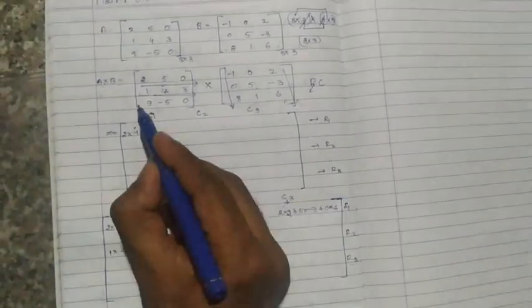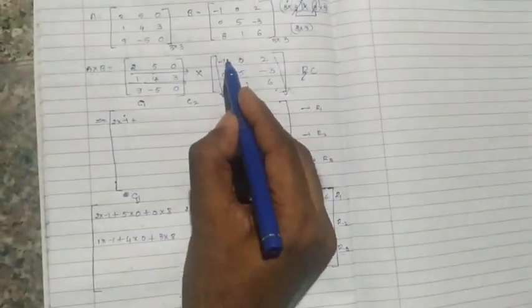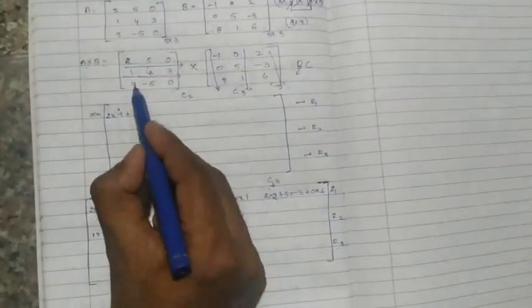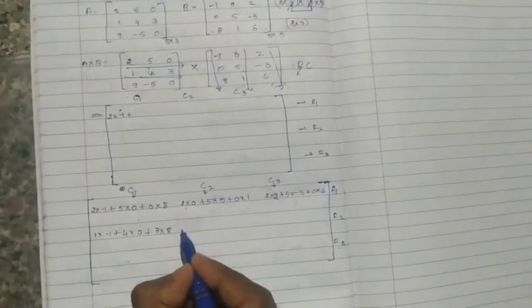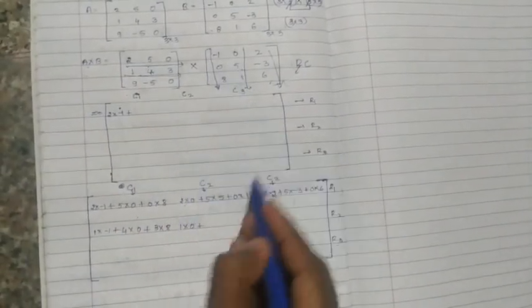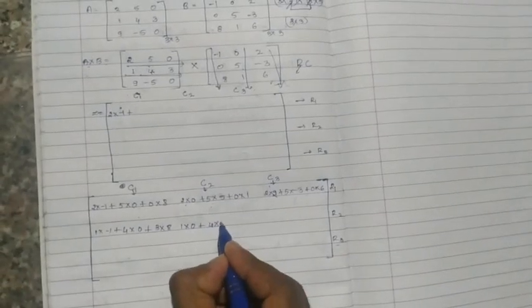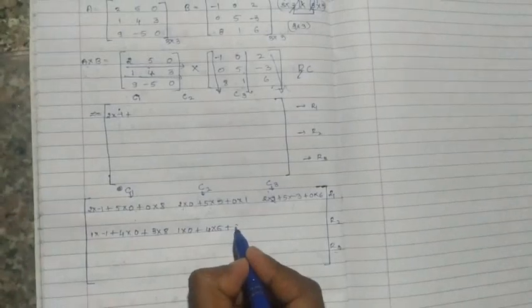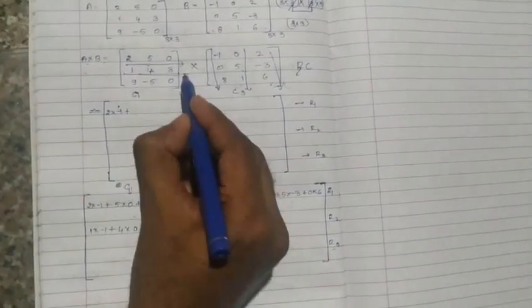This is the second row, first column element. Next, second row, second column, that is 1 into 0, plus the second element, 4 into 5, plus 3 into 1. This is second row, second column.